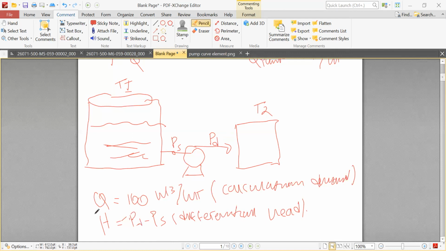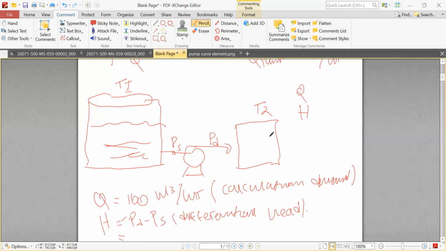So in this session, we focus on two parameters of the pump, the Q parameter and the head parameter. For PS and PD, we can obtain these two parameters from our calculation demand. It's very simple. So we have two parameters here, the main parameters of the pump curve, Q and head.